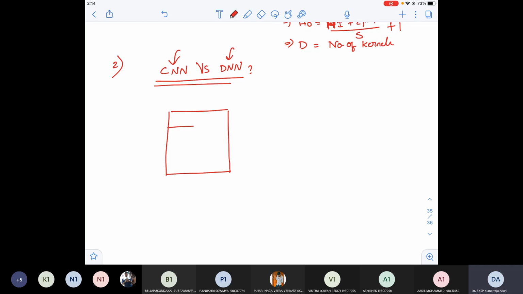For example, I have some image, 1, 2, 3. Assume that I have a handwritten digit, maybe 5. Handwritten digit recognition is a classical problem in deep learning. Whenever people start any deep learning project, they start with this handwritten digit recognition data set and start learning what exactly is happening.